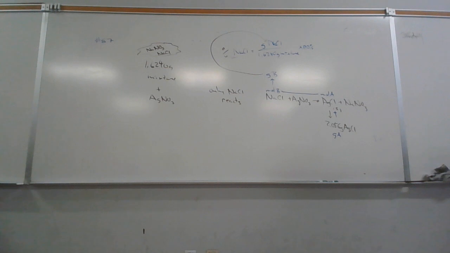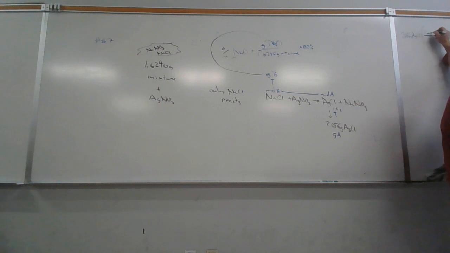After you do a bunch of these molar masses, you might get tired of calculating it, so we'll just look it up online. It's 143.32 grams per mole. So 1 mole of silver chloride is 143.32 grams.